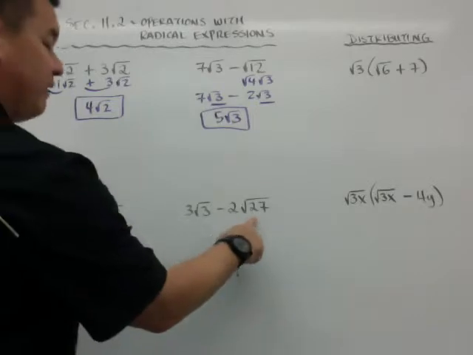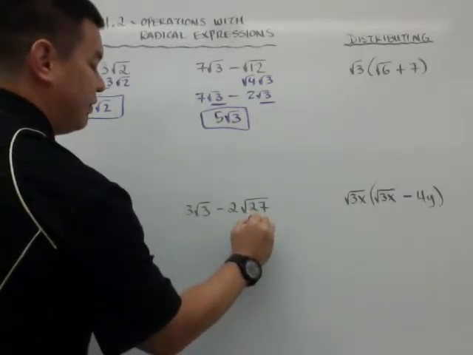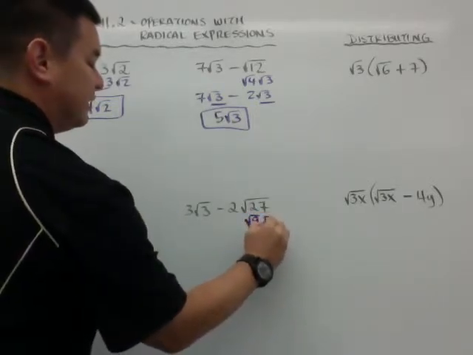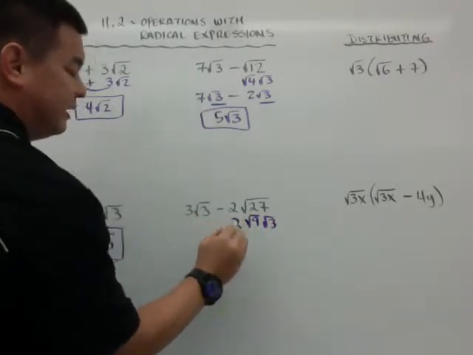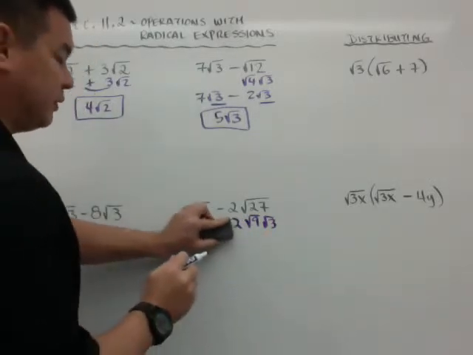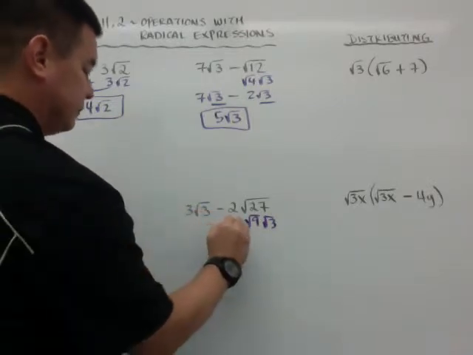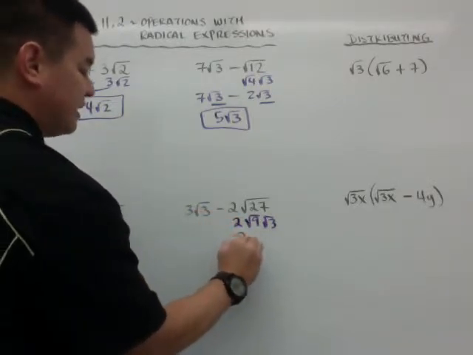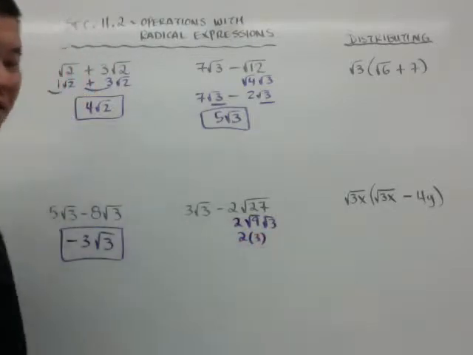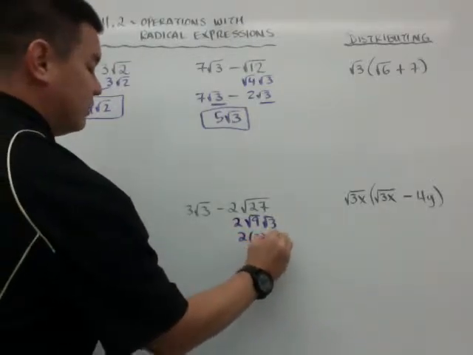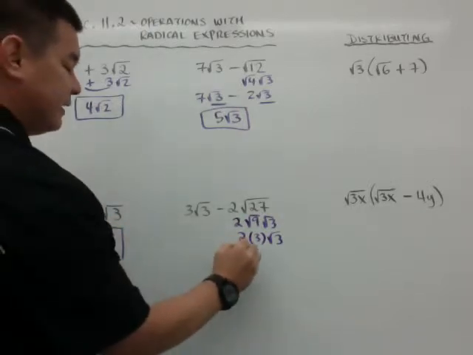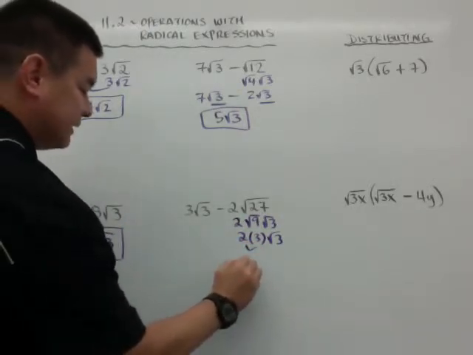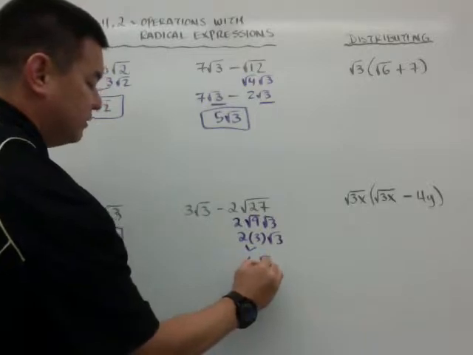In the same way, if I have radical 27, I can rewrite that as radical 9 times radical 3. I'm going to drop the 2 in front of it, so I know that I still have to multiply that. When I change this, it becomes a 3, so 2 times 3 and radical 3. So the radical 9 just became a 3, and when I multiply these two, I get 6 radical 3.